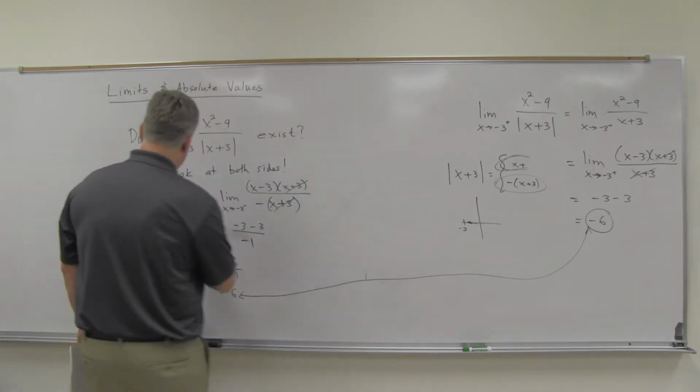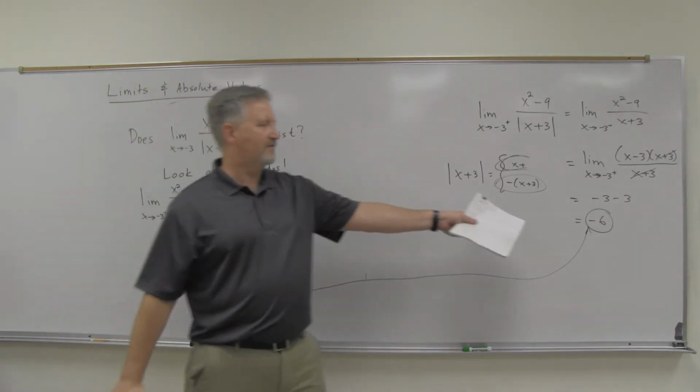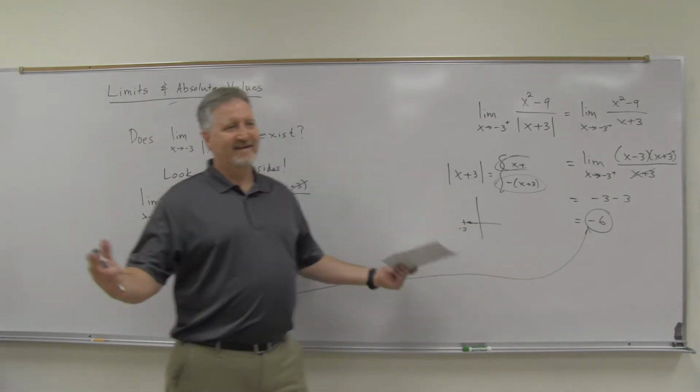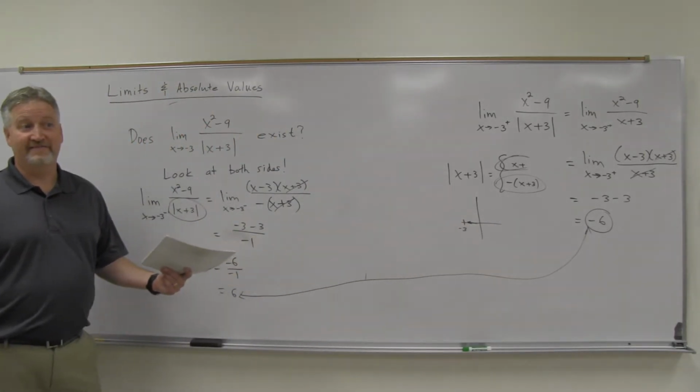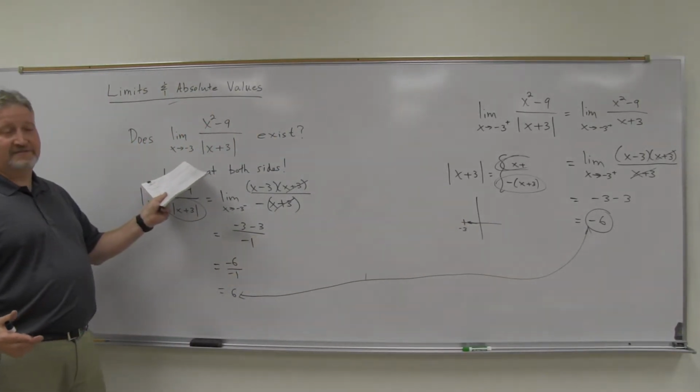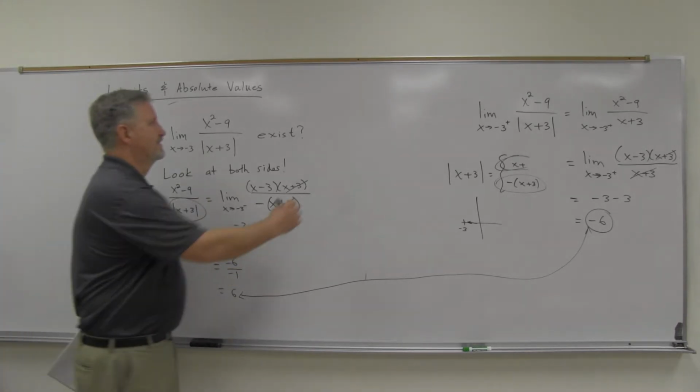What does that tell me? That the limit from the left is 6. The limit from the right, though, is -6. The limit from the right doesn't equal the limit from the left, does it? So the limit as x approaches -3 does not exist.